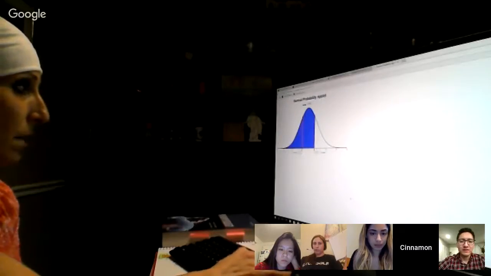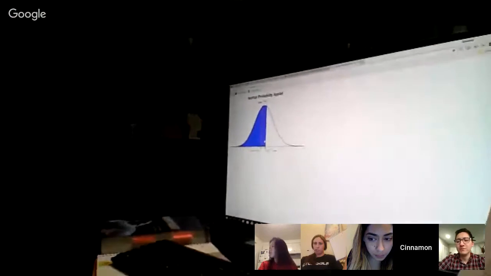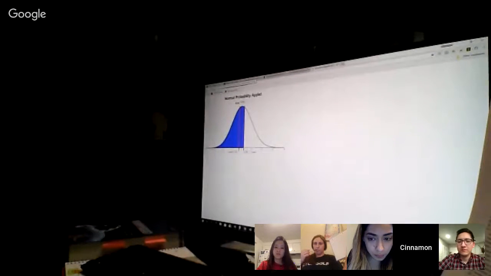So your z-scores are the same numbers, but they're different integers. One's a negative, one's a positive. Gotcha. So in this case, you're going to the positive z-score, so the second red line, and then you're highlighting the middle column and the far left column. So something should look like that.